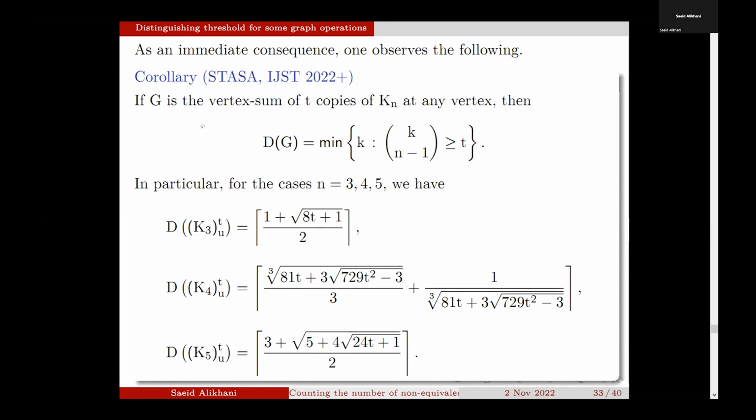It says that if it is a vertex sum of T copies of the complete graph Kn at any vertex, then the distinguishing number of this graph is the minimum K such that K choose n minus 1 is greater than or equal to T. And in particular for the cases n equal to 3, 4, and 5, you see the same number that gives us the exact distinguishing number of this graph.